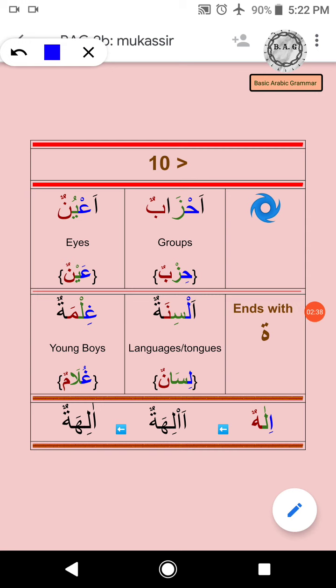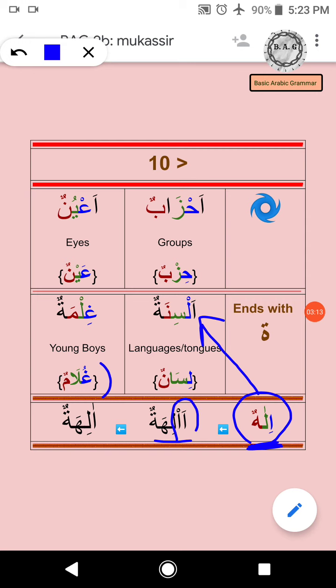Then the next pattern is fi'latun, and the root word is ghulamun, which means a young boy, and if we use it in the pattern of fi'latun, we get ghilmatun, young boys. Now this example is ilahun, a god, and if we use this in the pattern of af'ilatun, we get alihatun.